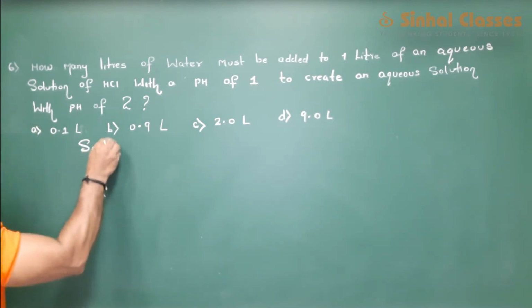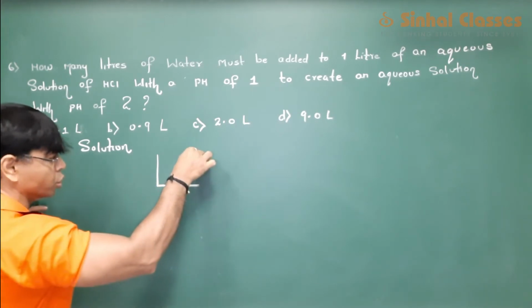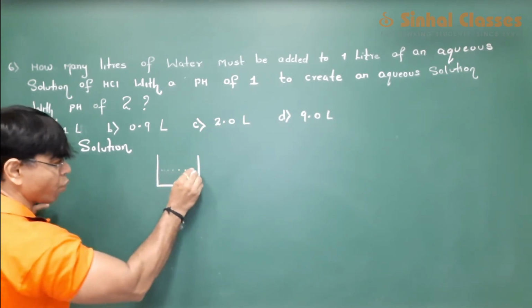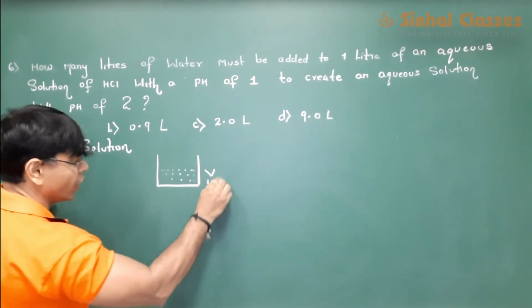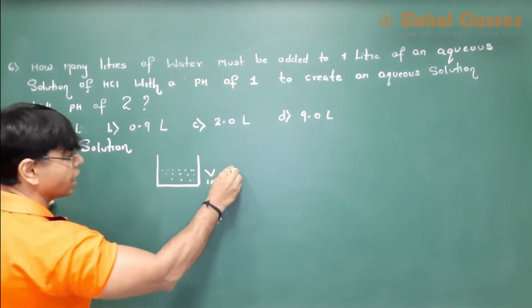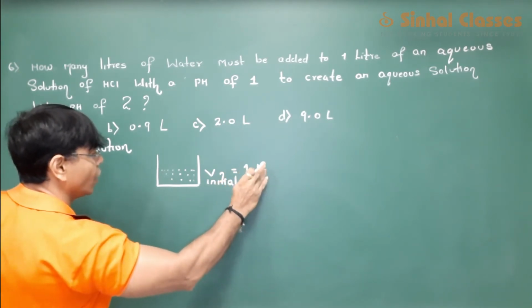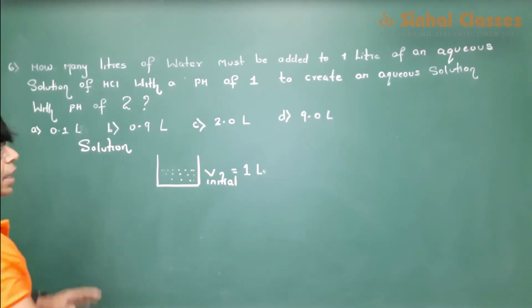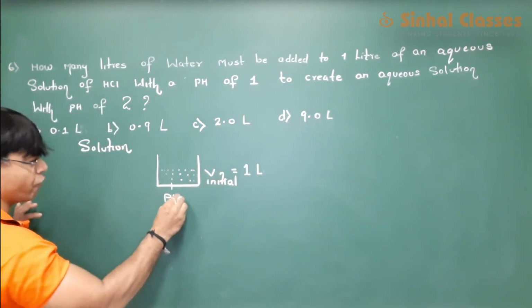So what are they asking for? They are telling you there is a 1 liter solution, so the initial volume is 1 liter. This 1 liter has a pH of 1.